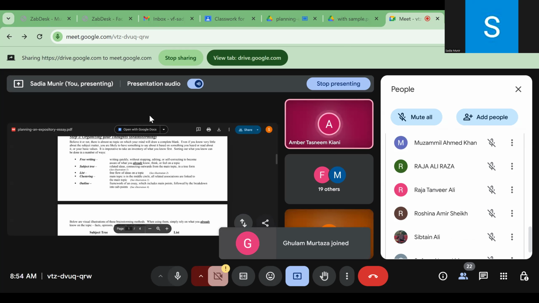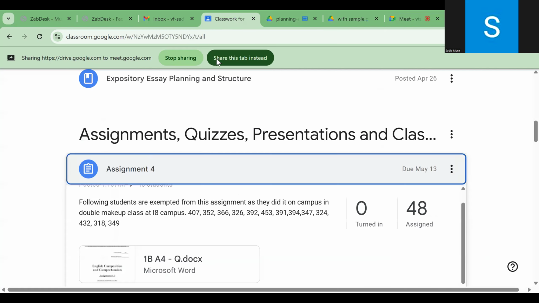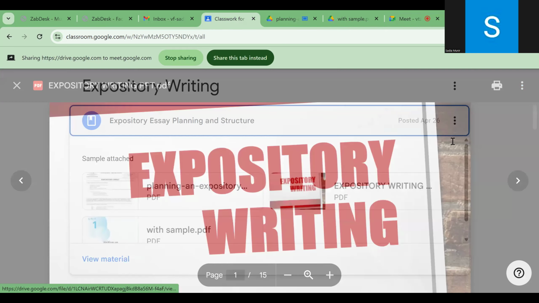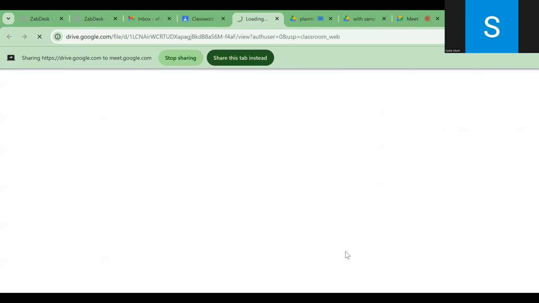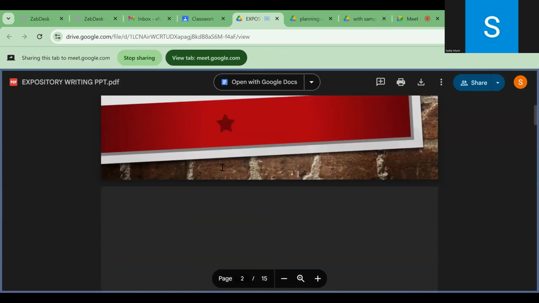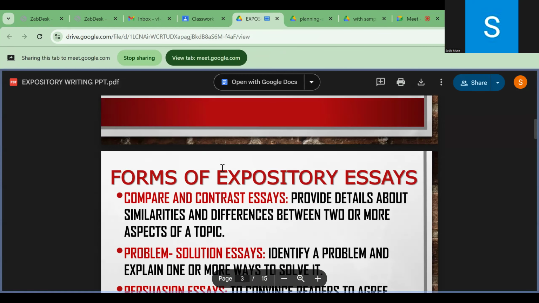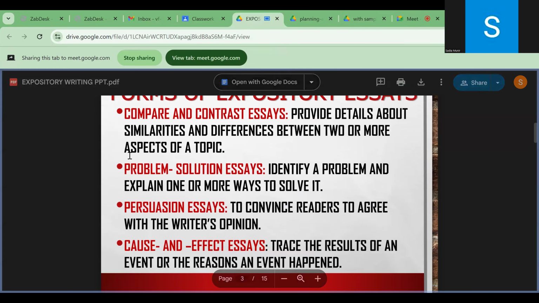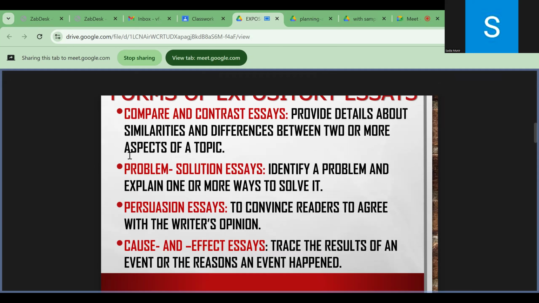एक्सक्यूज मी मैम, एक्सप्लेनेटरी ऐसे के टाइप्स बता देंगे एक दफा? सॉरी पर हाँ, मैं दिखाती हूँ आपको, एक सेकेंड। देखिए, हमारे पास टाइप्स तो बहुत सारी हैं, बट वी आर सपोज टू फोकस ऑन दीज फॉर्म्स. These 4 forms: compare and contrast, problem solution, persuasion, cause and effect.